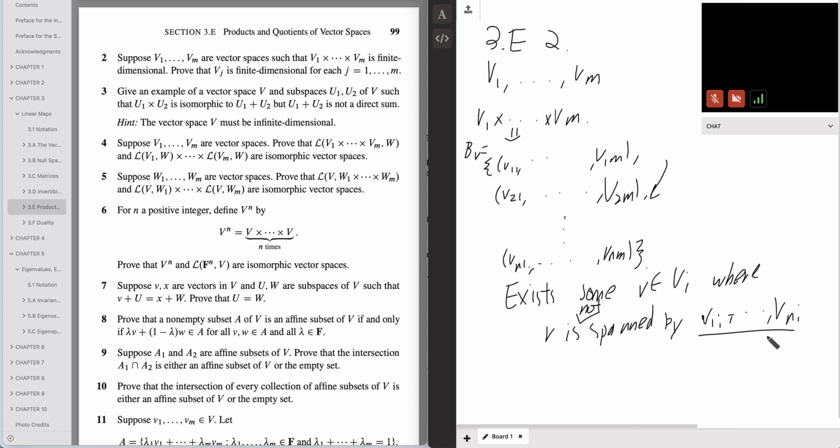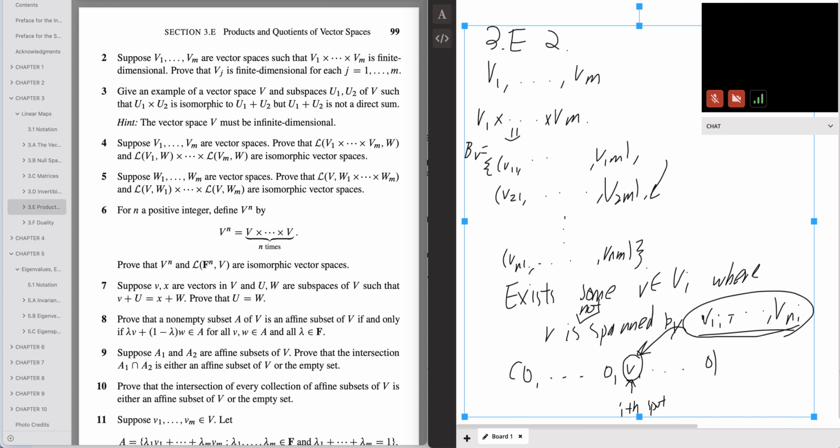If it's not spanned by this, then what you can show is that, if you put the rest of the coordinates as zeros and you put this V in the ith spot, then this tuple, which resides in the product, is also not spanned by this basis, because, just focusing on this one element, you cannot find a linear combination of these guys that adds up to this V. So it's a contradiction, a proof by contradiction.